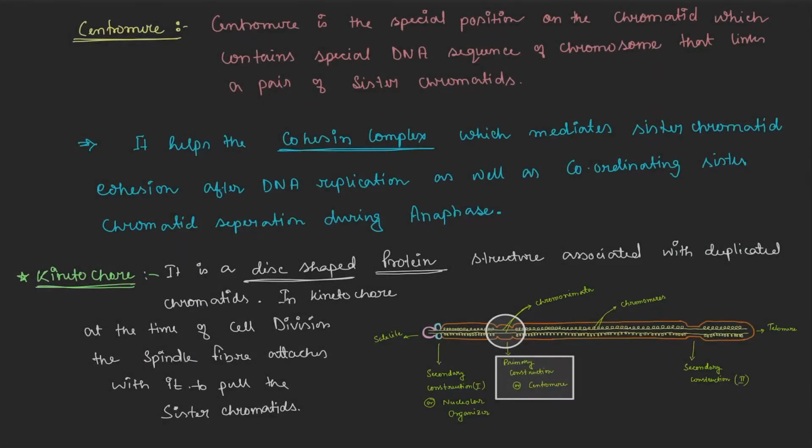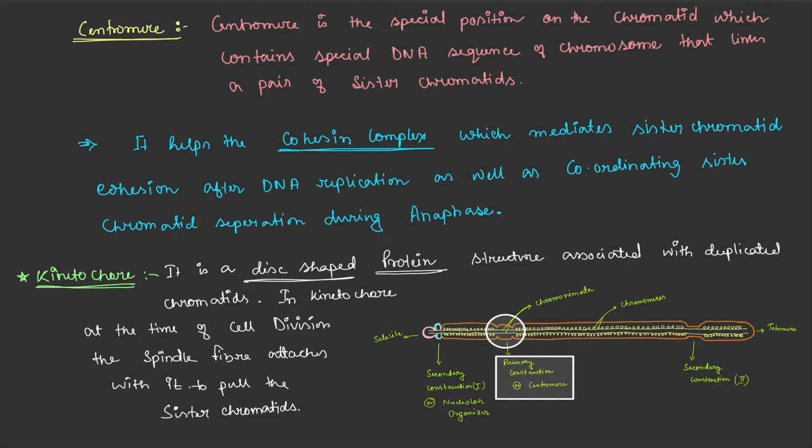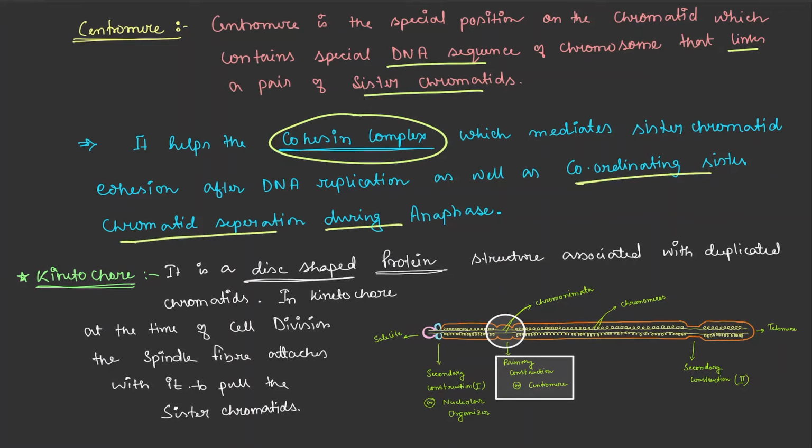Now the centromere. The centromere is a special position on the chromatid which contains a special DNA sequence that links a pair of sister chromatids. It helps the cohesion complex, which mediates sister chromatid cohesion after DNA replication, as well as coordinating sister chromatid separation during anaphase.